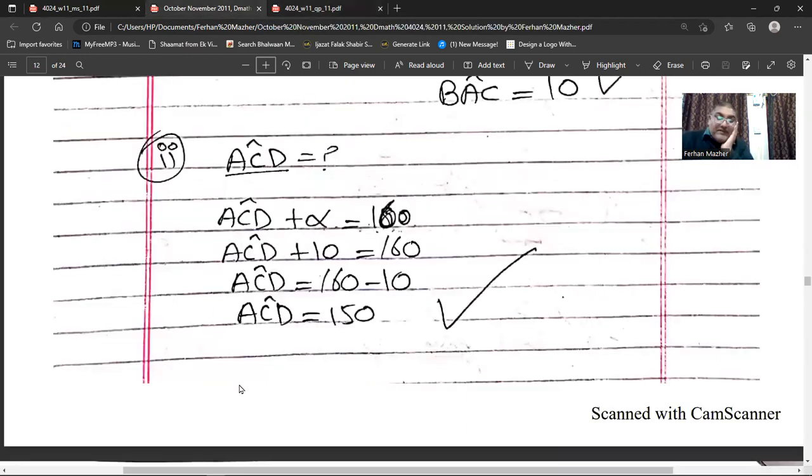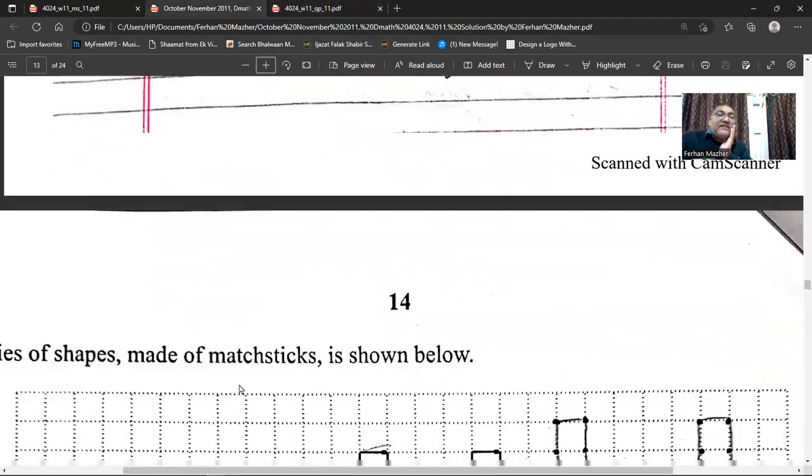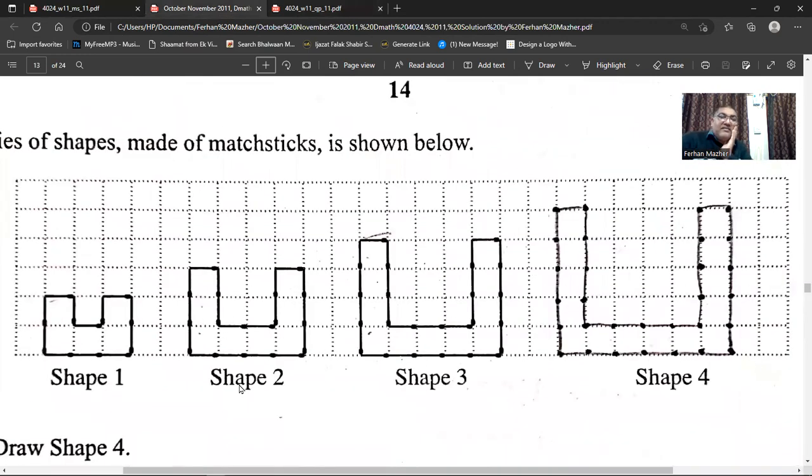Very simple, straightforward. You just have to check how much is the increment every time. So now we will have 1, 2, 3, 4, 5, 6, and this side will be 1, 2, 3, 4, 5. So this is how you will make this diagram.